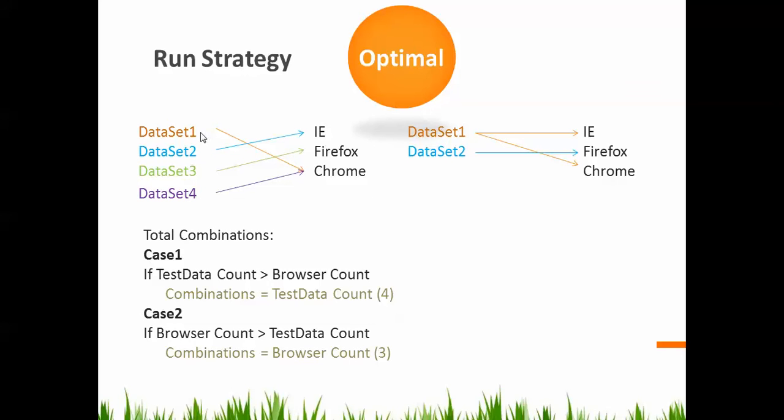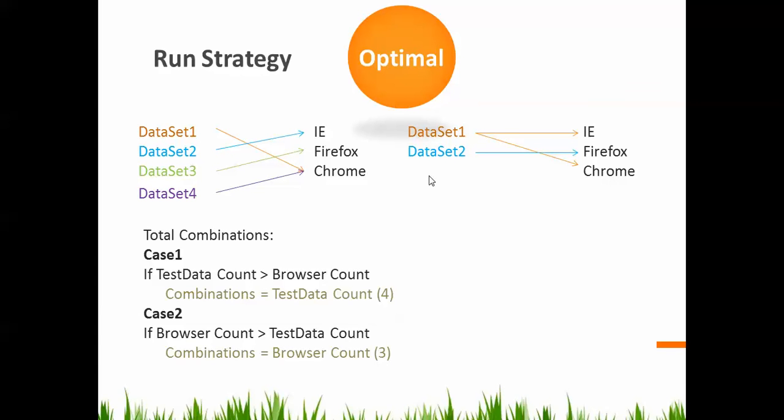If we give optimal, then if we have one test case with 4 different sets of data, the first test data will execute with Chrome, the second test data will execute with IE, the third test data will execute with Firefox, and the fourth one will execute with any one of these browsers.